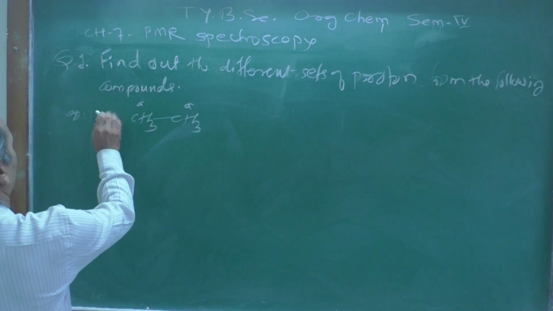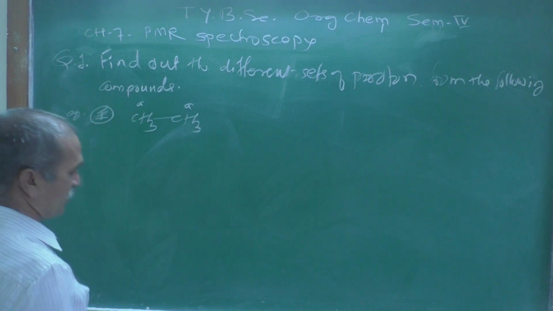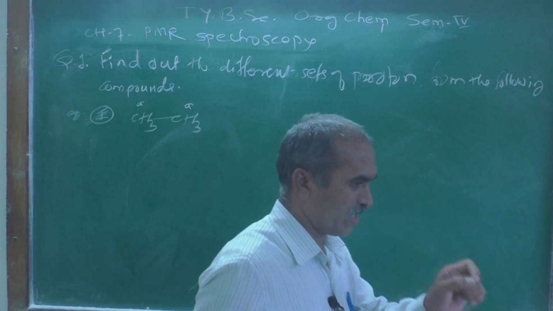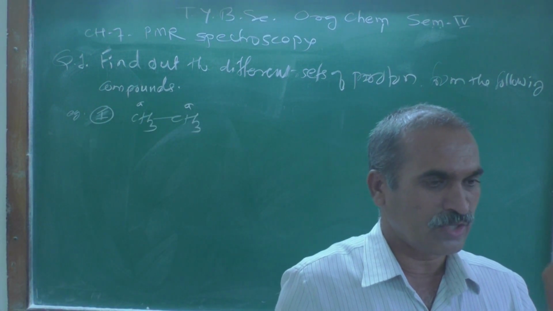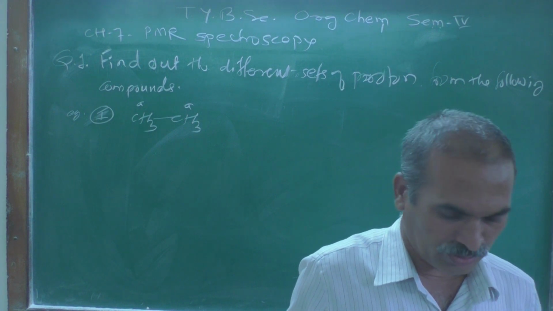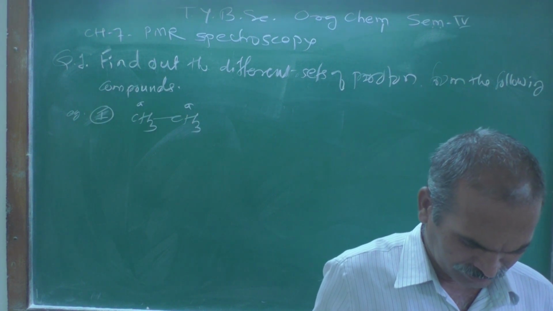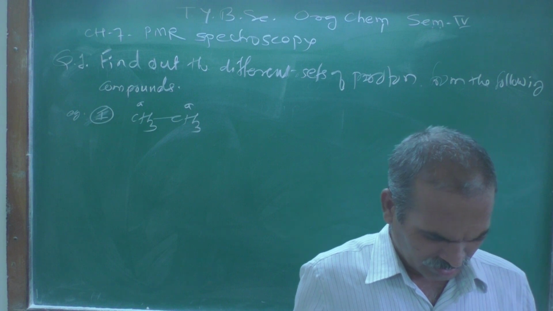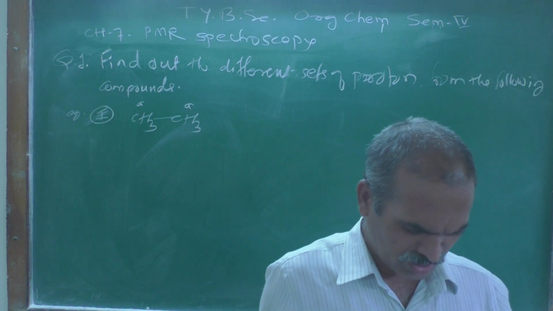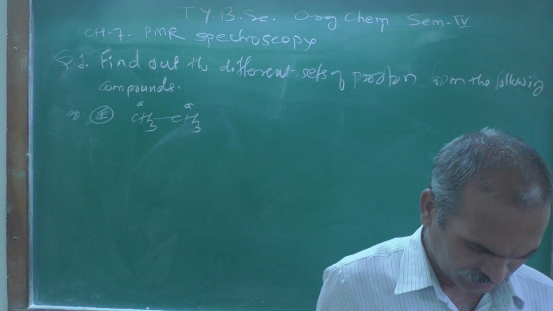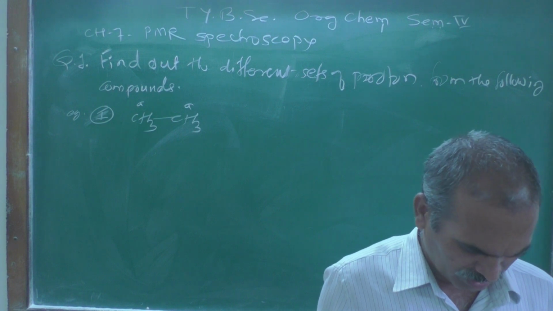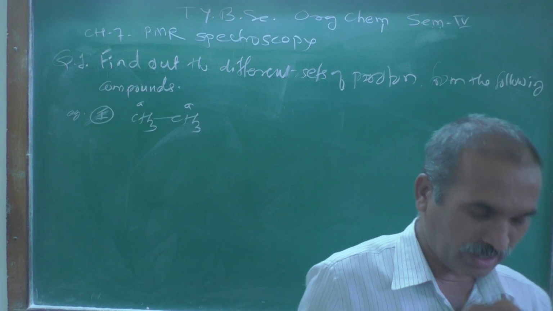The first compound has only one set of proton, because both the methyl groups are identical.